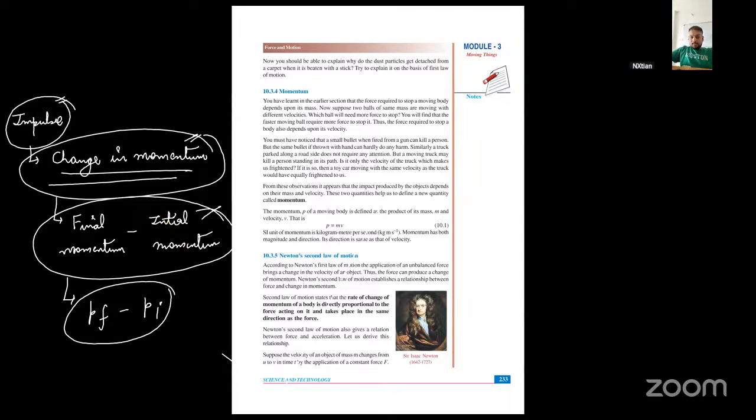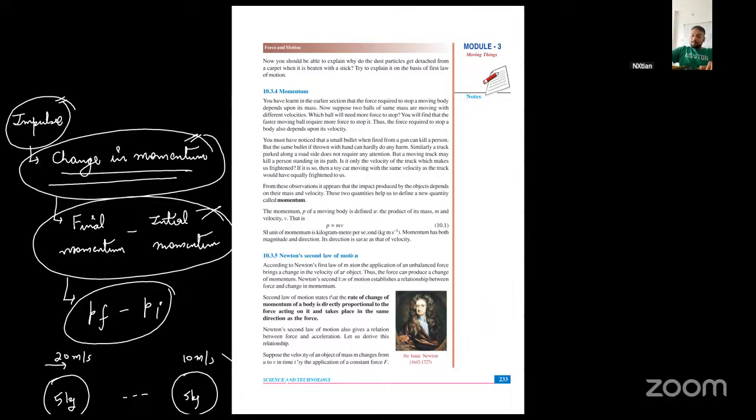Now, for example, listen, guys, please listen. For example, this is a ball of 5 kg. It was rolling with the speed of 20 meters per second, but because of friction, the speed of the same 5 kg ball reduces to 10 meters per second.